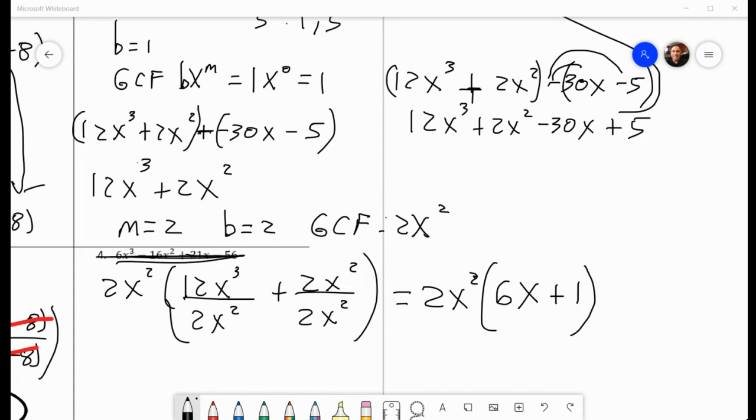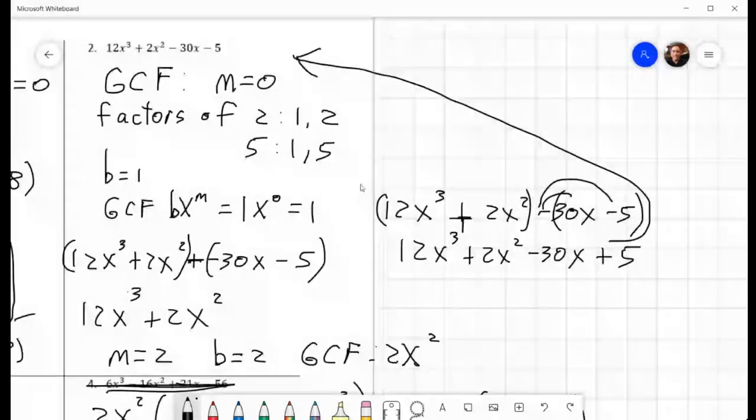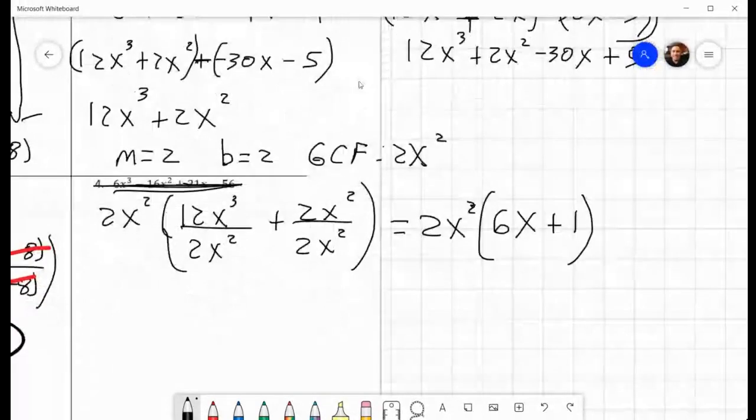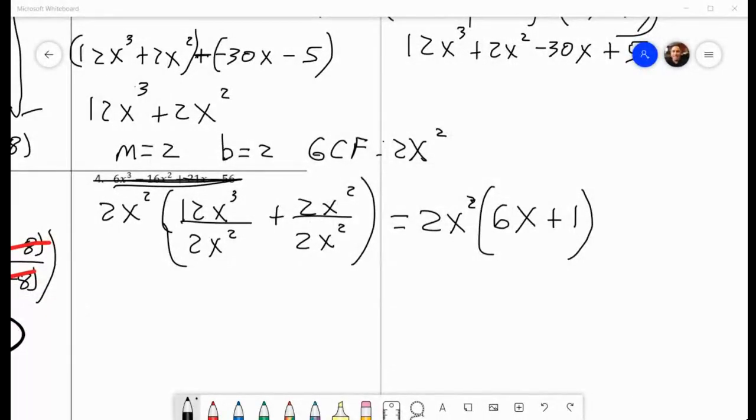All right, that's good. For the next term, minus 30x minus 5, we have to factor out a negative.